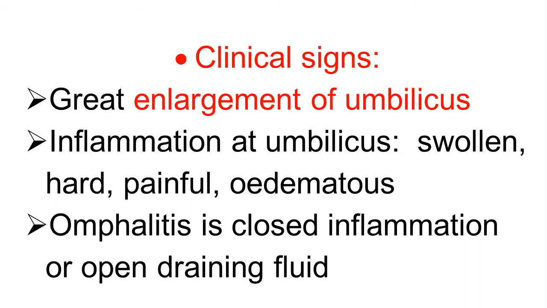Clinical signs of omphalitis. It is visualized that there is great enlargement of the umbilicus. The inflammation is observed at the umbilicus. The umbilicus or navel portion is swollen, hard, hot, very painful, edematous.